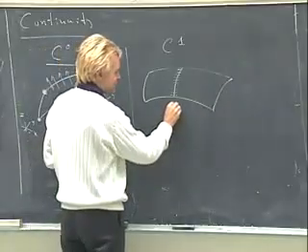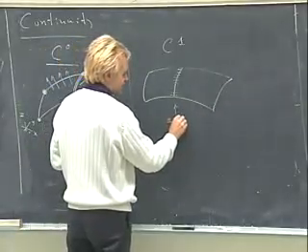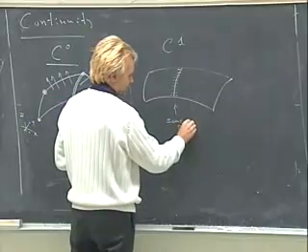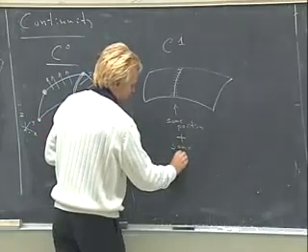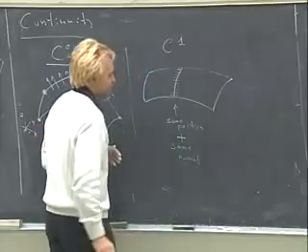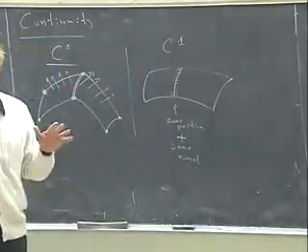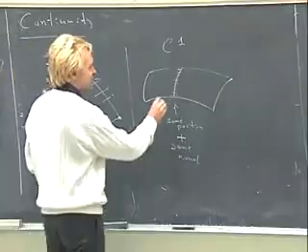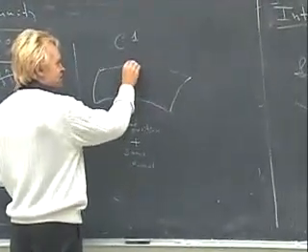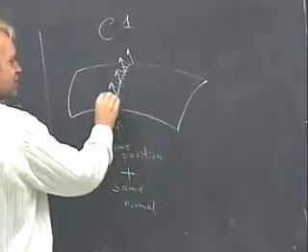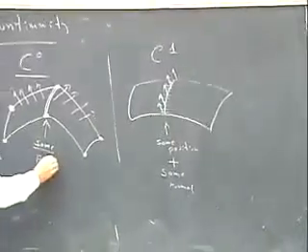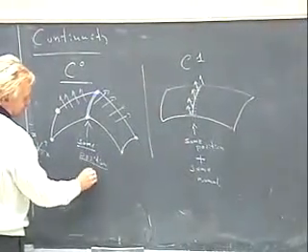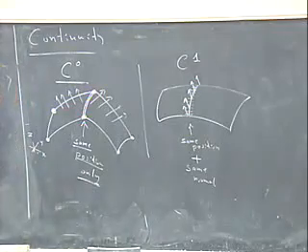So here, these two patches have same position plus same normal. Or gradients or slopes. I use these terms vaguely right now, but you can think of it in terms of having the same normal for the time being. Right? So there's the same normal along this shared boundary curve. And here, it's only the position that is the same. Same position only.